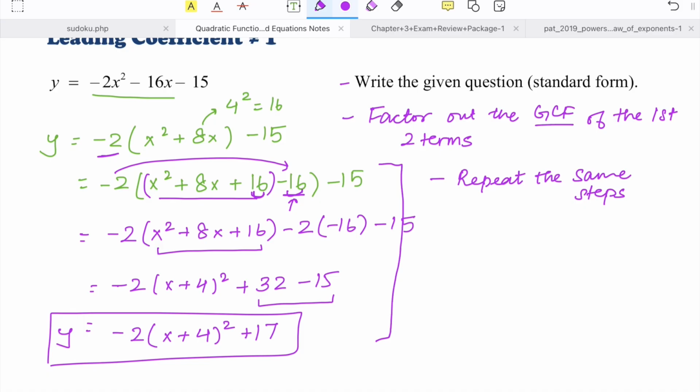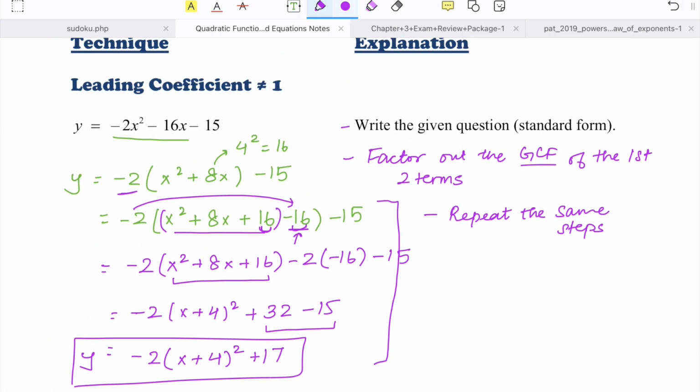Because when we expand, let's say we have x minus 1 times x minus 1, that would still give us a positive value. So x squared minus x minus x plus 1, which will be x squared minus 2x plus 1.